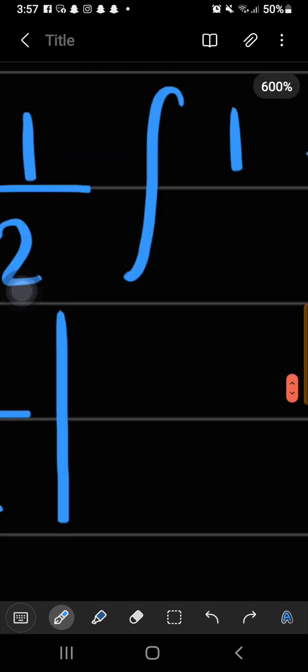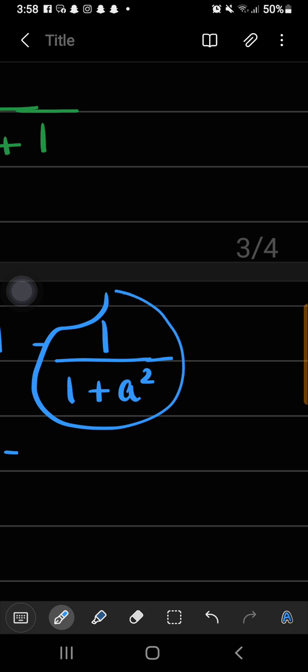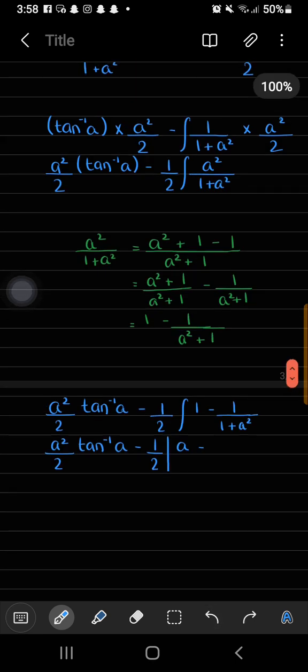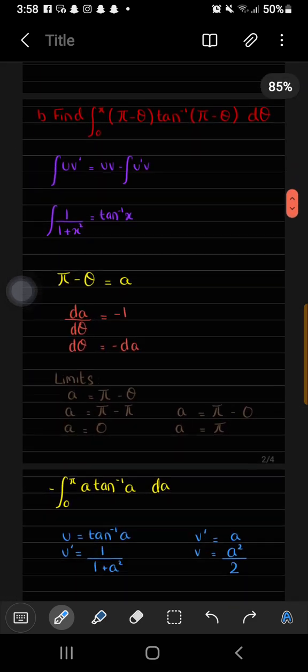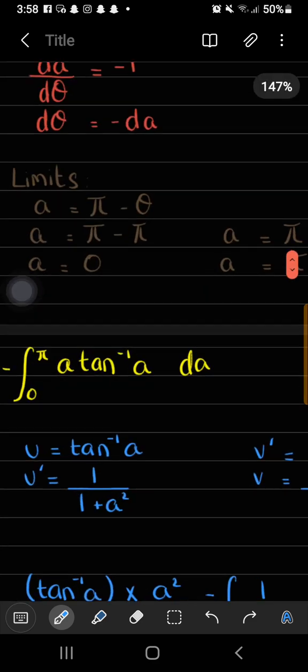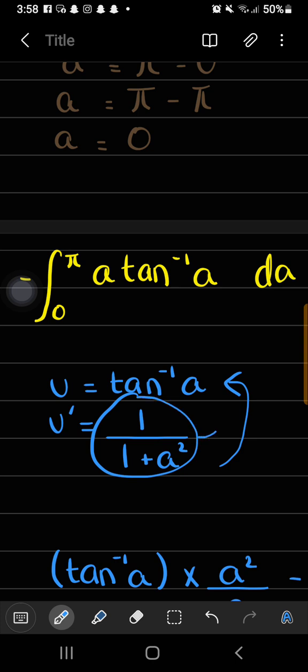Integration of 1 is a, minus the integration of this. What will be its integration? Yeah, we had learned the differentiation for this. Let me show you that we had differentiated this. So now we are going back to this. We are currently on this position and we are integrating it, so we get tan inverse a.